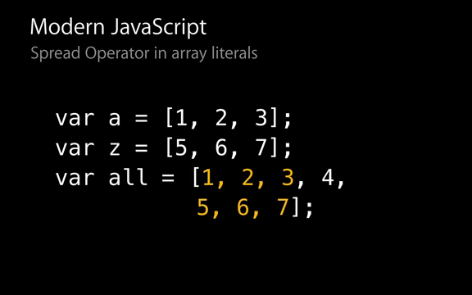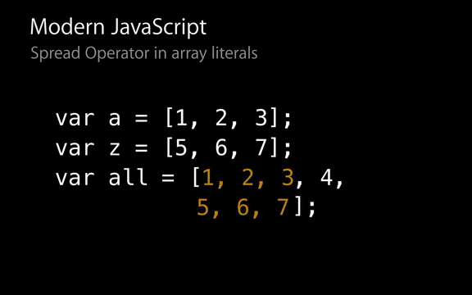The spread operator is also useful in construction of array literals. Say you have something that's pretty repetitious, you want to have a separate form and a combined form. Normally you would have to either repeat the data or push and pop and add everything, concatenate everything together.